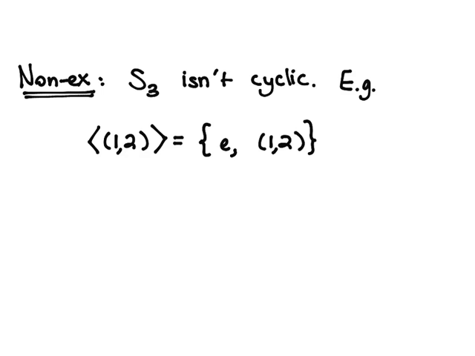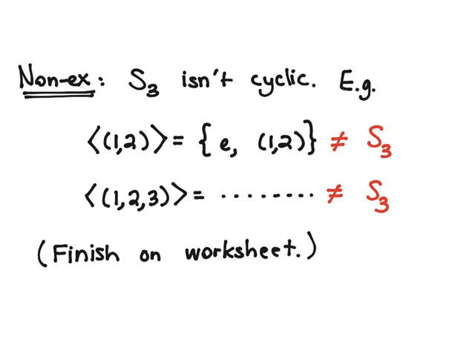For instance, maybe I'll start with the element (1 2). The subgroup generated by that consists of just the identity and the permutation (1 2) itself, which is a subgroup of S3, but it's not all of S3. So that one doesn't work.